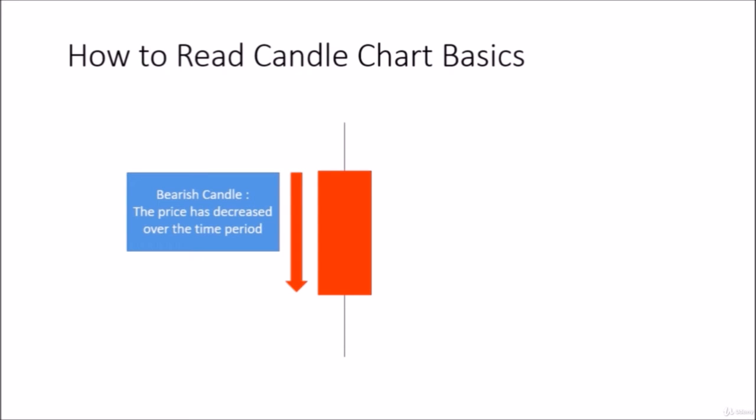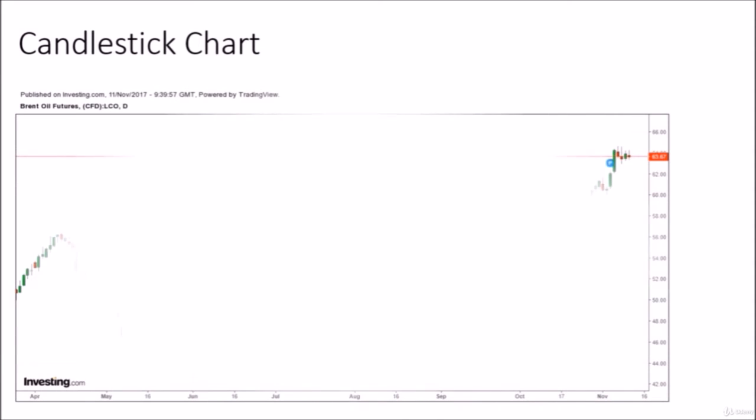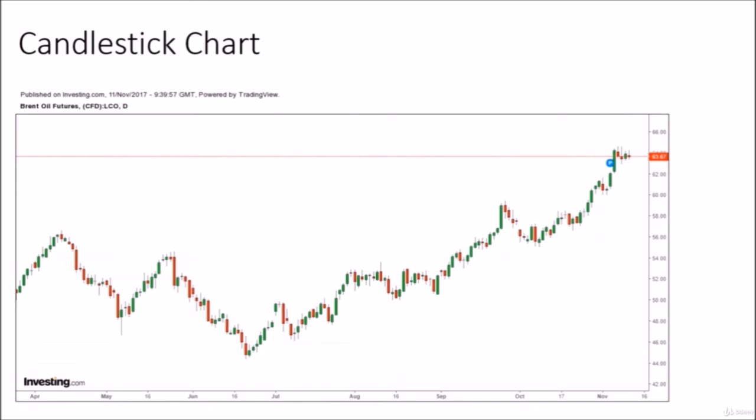You can see that the open is higher and it closed lower at the end of the day. So this is an example of a candlestick in a chart.